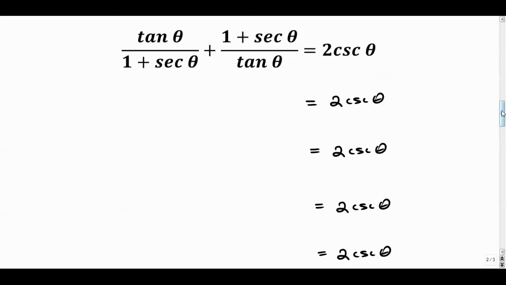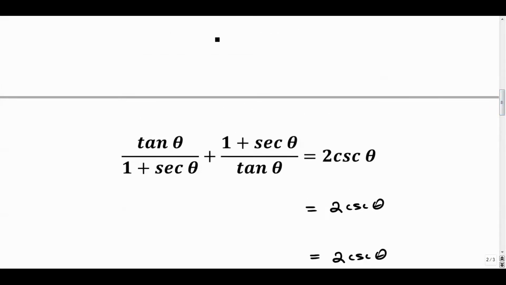So if we take a step backwards, if we had 3 over 5 plus 2 over 7, how do we add those together? Well, we change those denominators to be the same. The easiest way to do that is to multiply them together. It's not always going to get you the lowest common denominator, but it'll get you a common denominator.